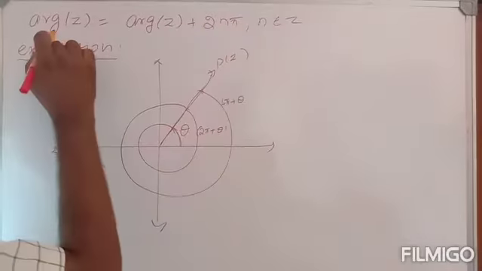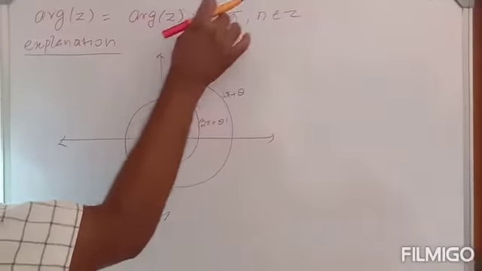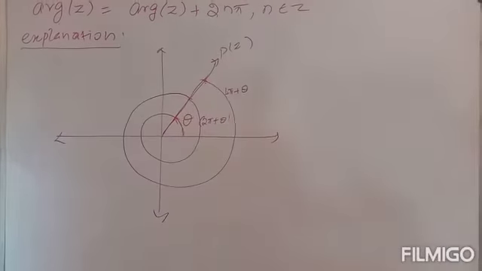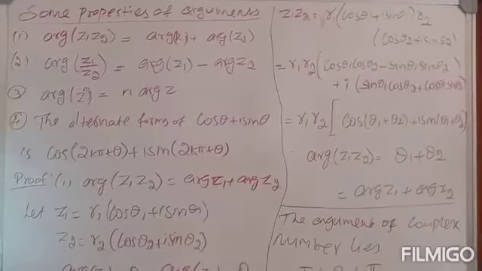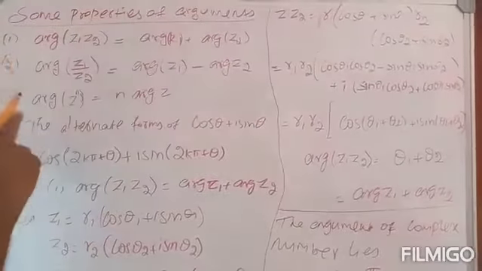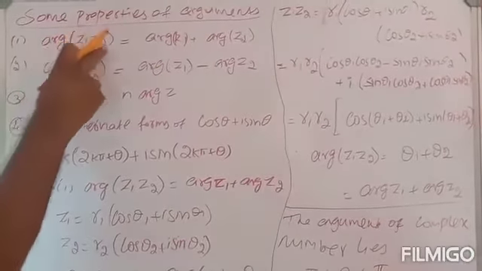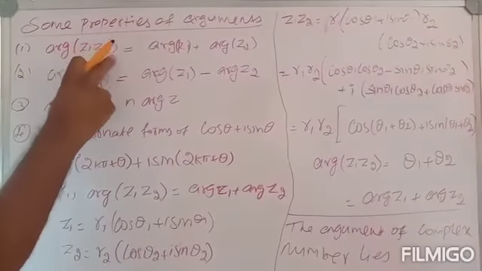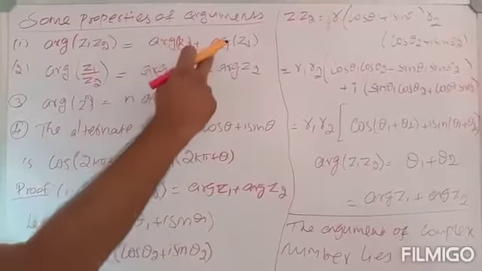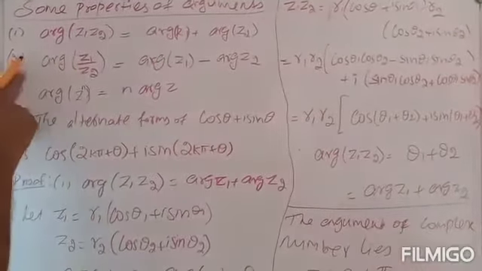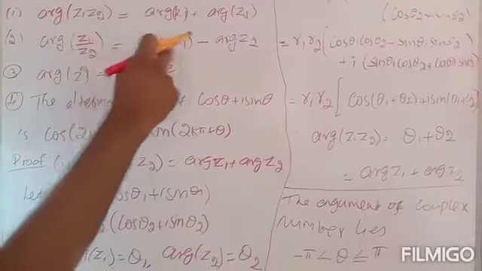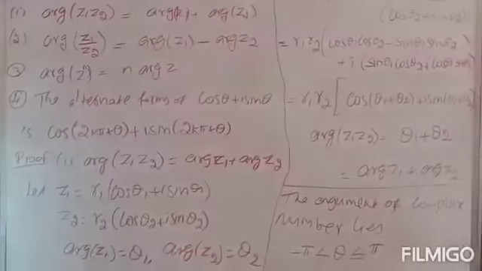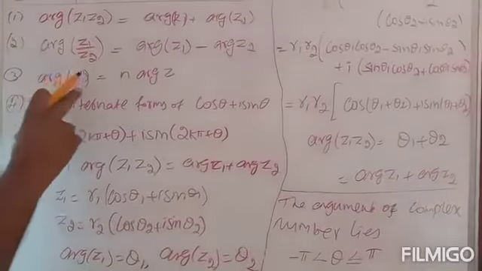Arg of z is equal to arg of z plus 2n pi. Arg of z is not unique. Explanation: let P be the point z. The argument is theta.